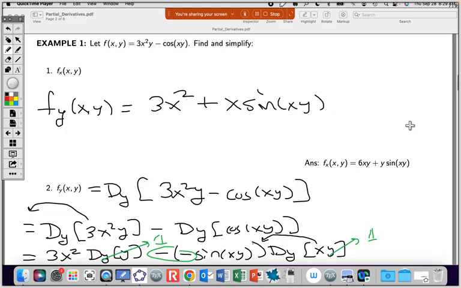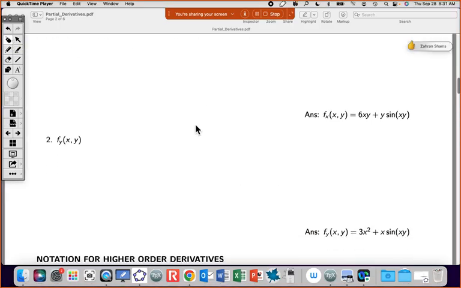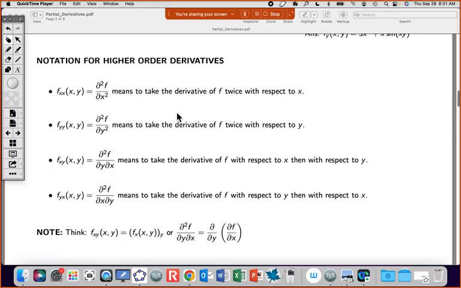Any questions on these first two examples? Do you see what's happening and why it's happening that way from the definition? We good? All right. Well, you know that you just can't help yourself.